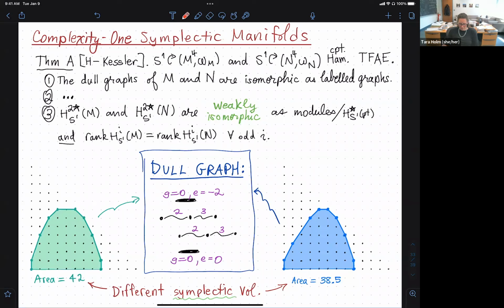So these are two different manifolds. I can see from the picture that they have different symplectic volumes, so we can just say off the top that they cannot be symplectomorphic, but equivariant cohomology cannot distinguish them, because they have the same dull graph.